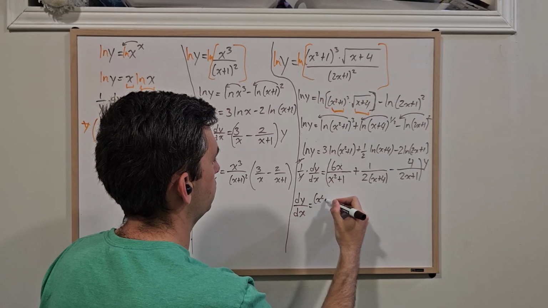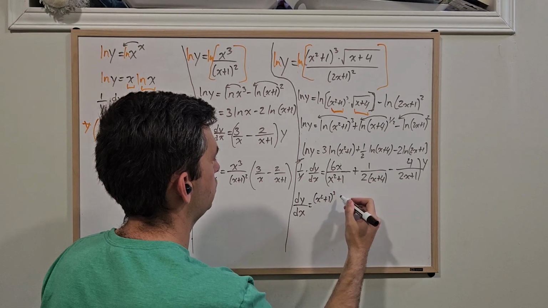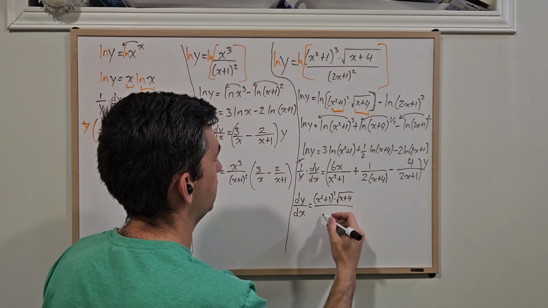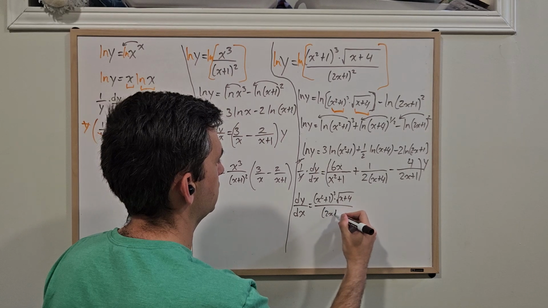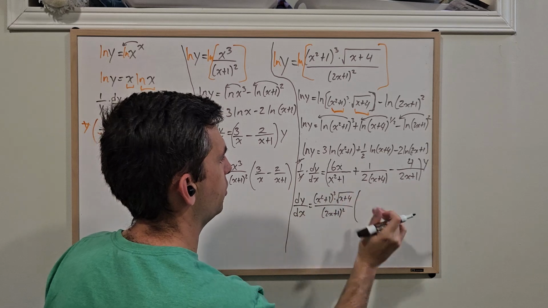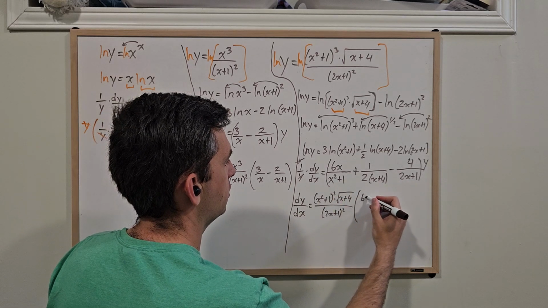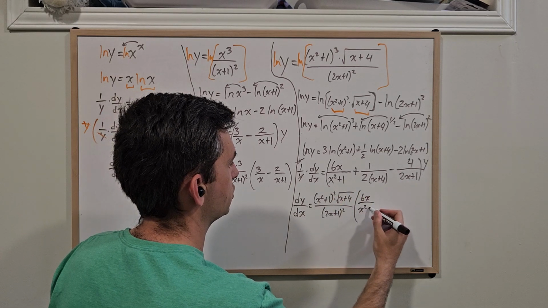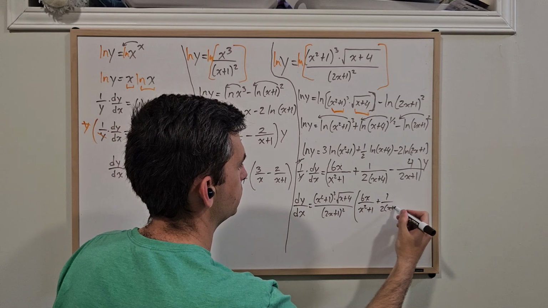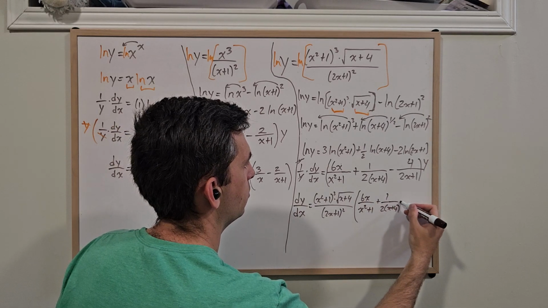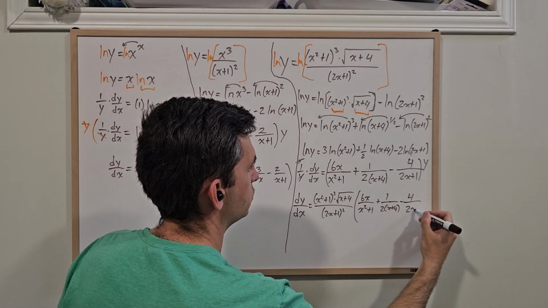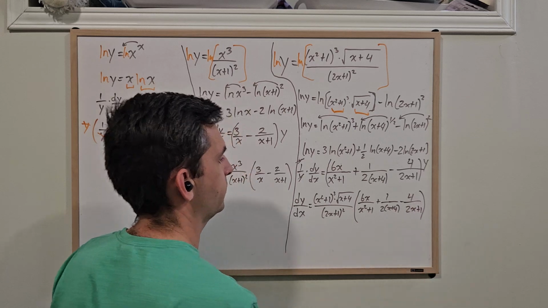I have x squared plus 1 cubed multiplied by root x plus 4 divided by 2x plus 1 squared, and then this whole thing in here, okay? So I got 6x over x squared plus 1 plus 1 over 2x plus 4 minus 4 over 2x plus 1. Okay?